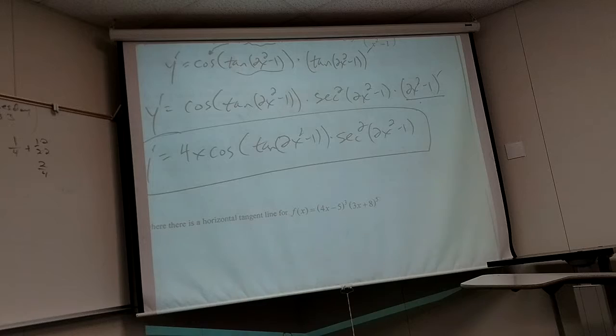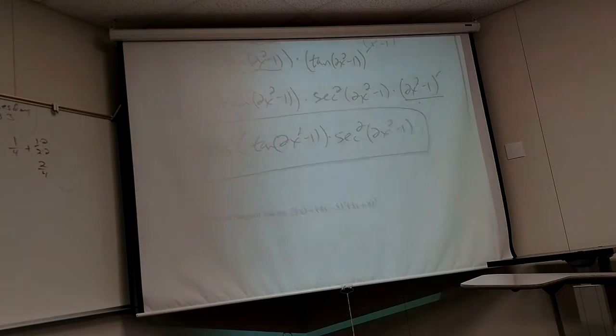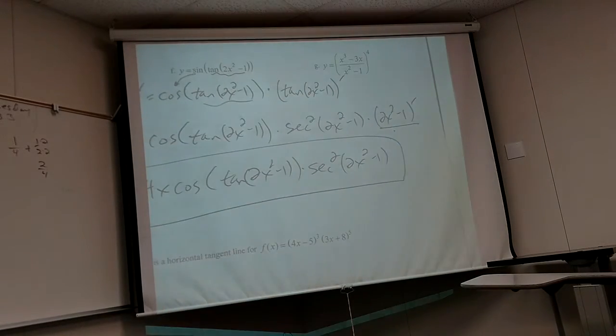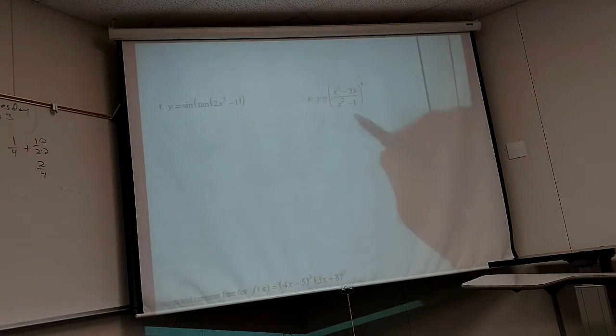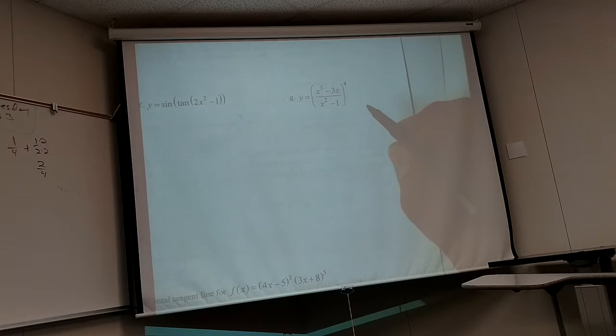All right. Let me see how much time I got. What about part G? What is G primarily? To start with, what is G? What rule? Quotient. No, it isn't. I see a function.